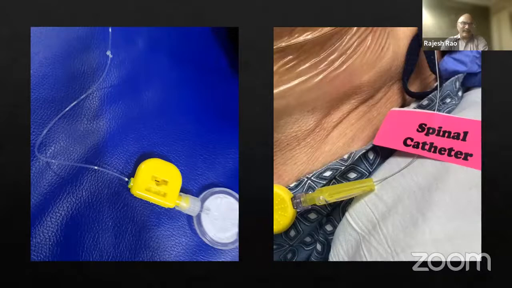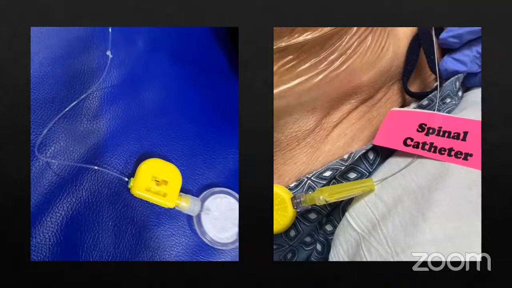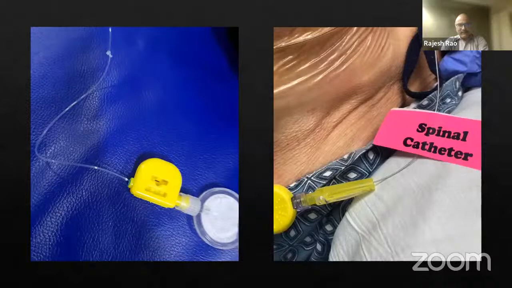Removing the catheter after 24 hours causes the dural edema to collapse over the puncture and minimize the CSF leak, thus reducing the chance of PDPH. In the more than 200, 300 cases I must have done, there has hardly been any occurrence of PDPH as reported by the patient or the treating surgeon. I specifically asked them to look for PDPH, and there has been no significant case of PDPH reported in my cases.